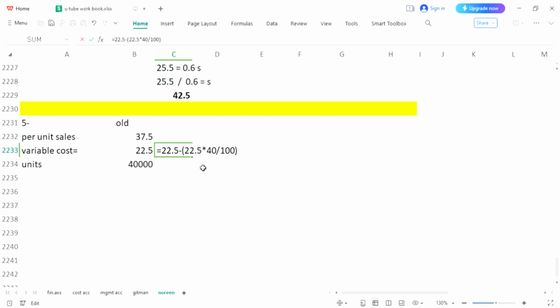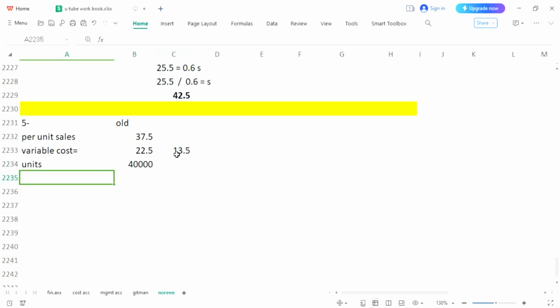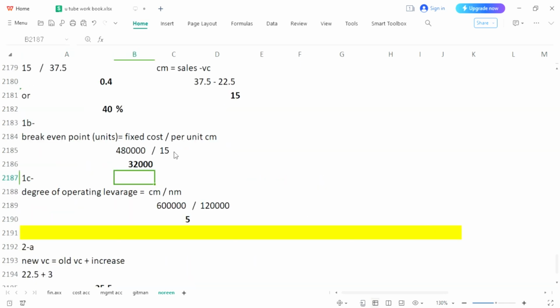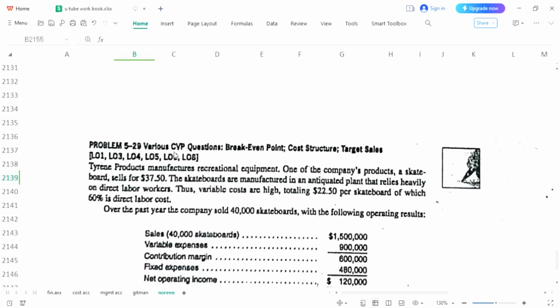Now you can understand this is your original variable cost, 40% is meant to be decreased. So you will calculate 40% over here and ultimately subtract it from the original variable cost. This way you will get your new variable cost. Okay, and the original fixed cost should also be mentioned over here. In the question, your original fixed cost was 4,80,000.